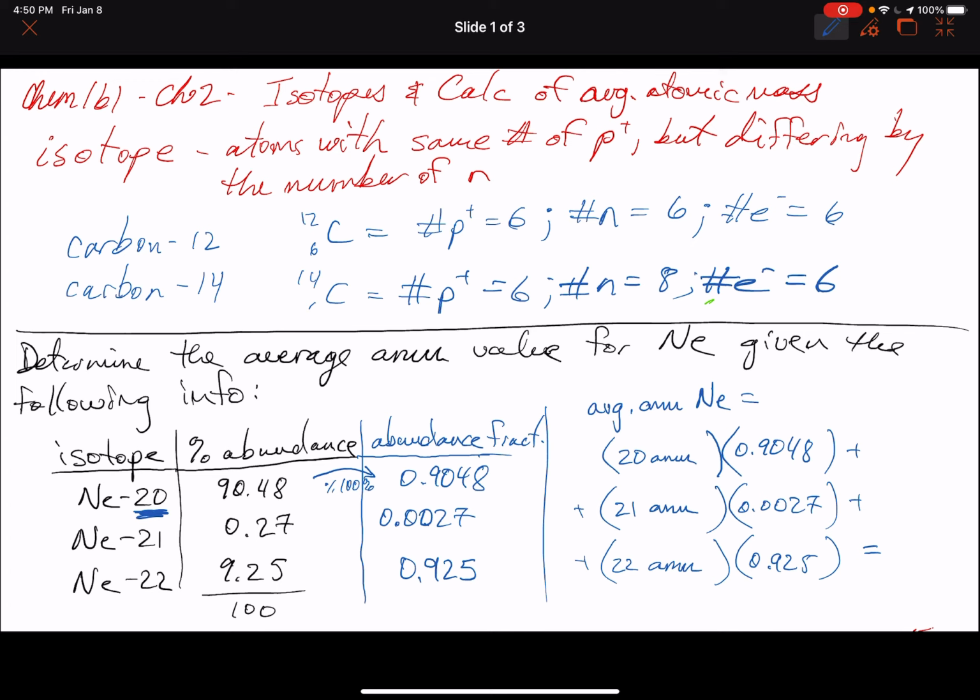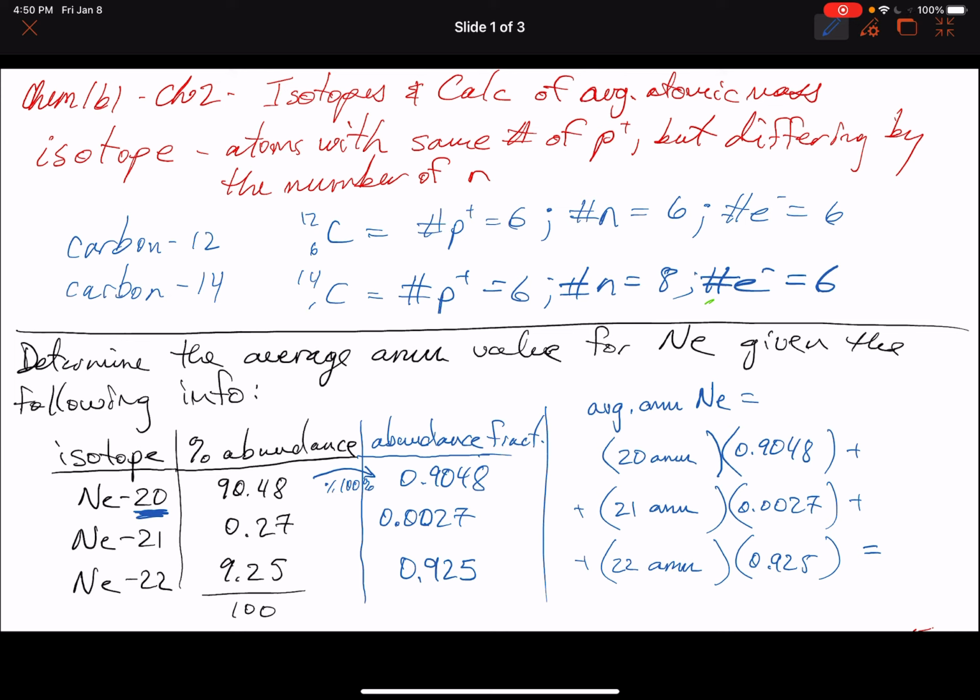So we would anticipate that the average atomic mass value, average atomic weight for neon that blends in all the properties of all isotopes for atomic weight would lie close to this value of 20. So our answer should be quite close to 20, probably not moving past the 21 value and certainly not reaching close to 22.